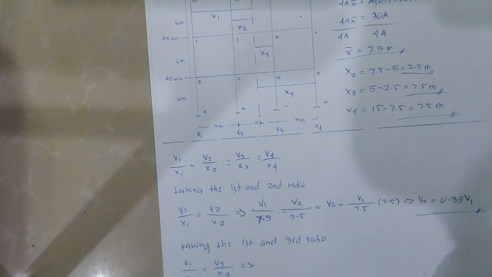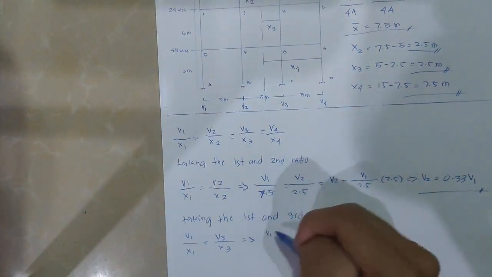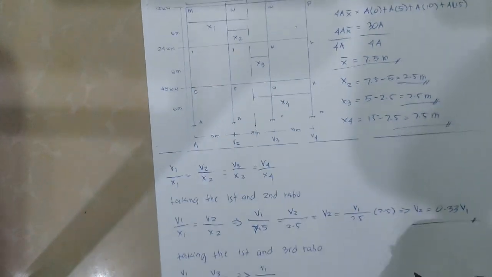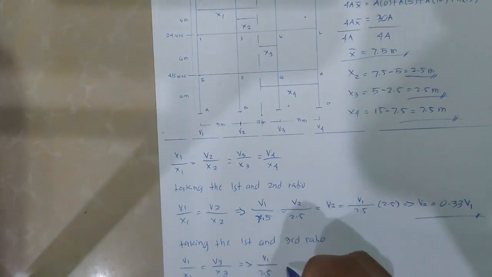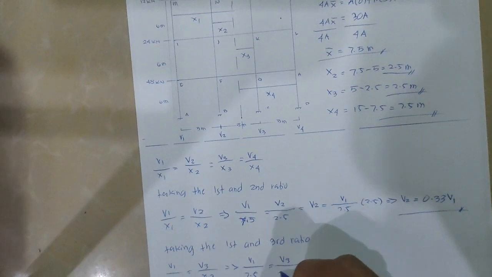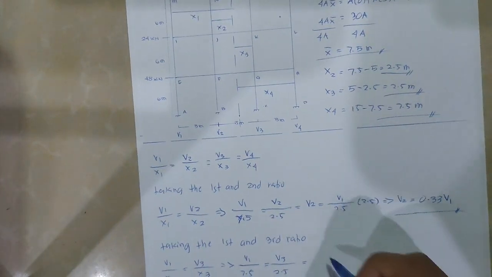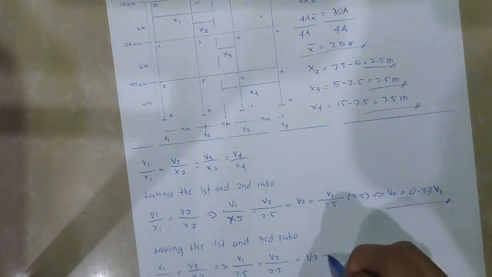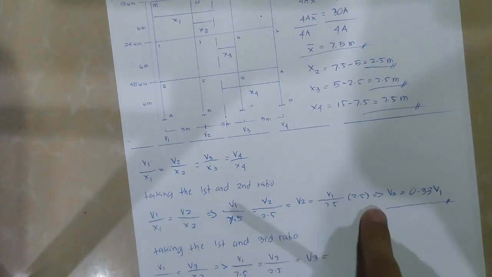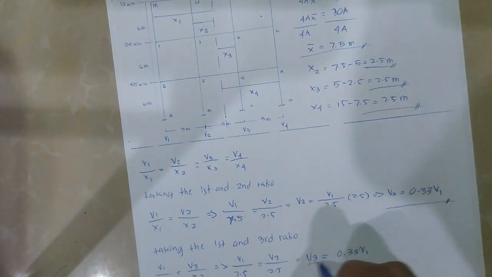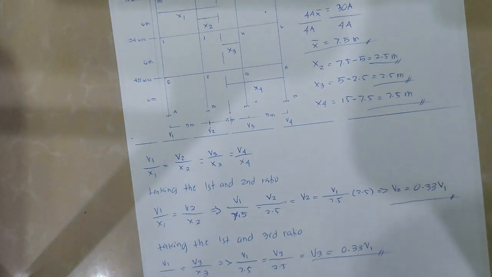We copy V1, and the value of X1 is 7.5, equals V3, which is what we want to find, and X3 has the same value, 2.5. So V3 is equal to the same value, 0.33 V1.